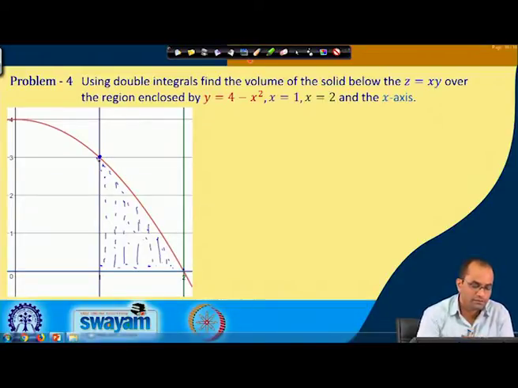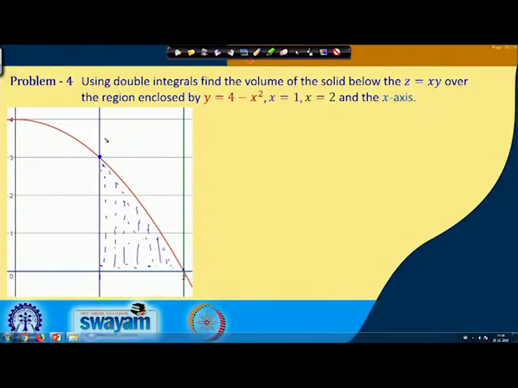When x is 1, y is 3, by y equals 4 minus x squared, and at this point, x is 2 and y is 0.